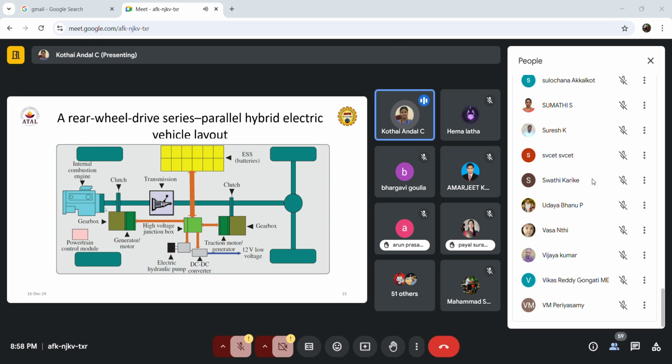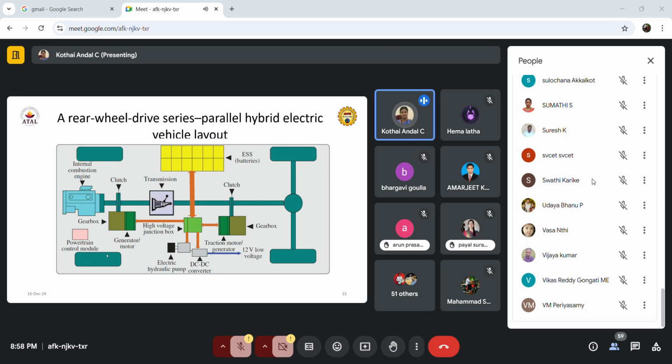If the mechanical power of the engine cannot meet the vehicle's power demand, then the motor will supply the additional power to the wheels. So this is the series parallel combination. The combination of series and parallel is preferable because we can change the mode, series mode as well as parallel mode.